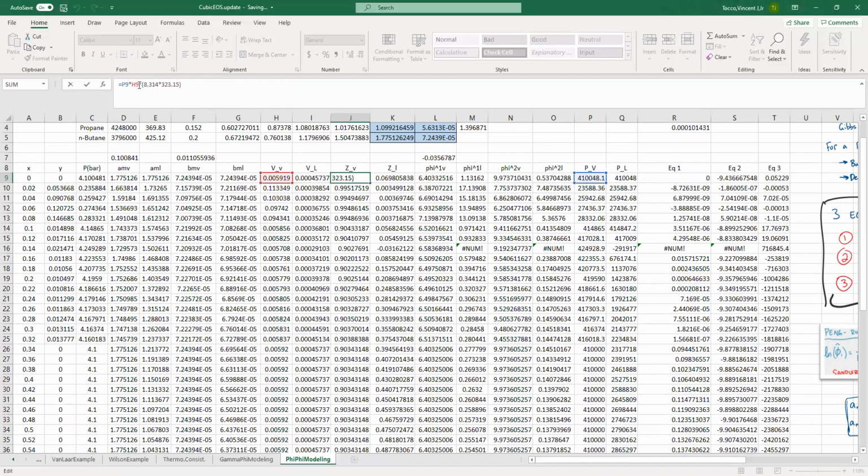So PV divided by RT, and looking ahead to the PV equation, this is the equation from the Peng-Robinson equation of state.